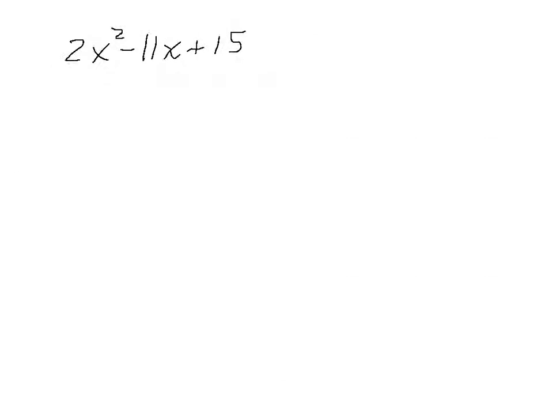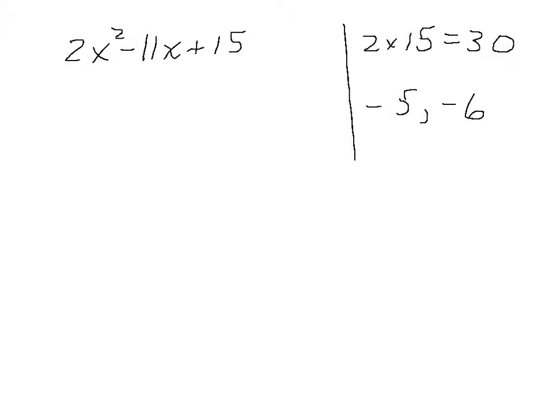Okay, so we take a look. Hey, there are three terms. It's a trinomial. So what we do is we look at 2 times 15, and we get 30. And what we want are two numbers that multiply to give us 30, and whose sum is minus 11. And the two magic numbers are minus 5 and minus 6.